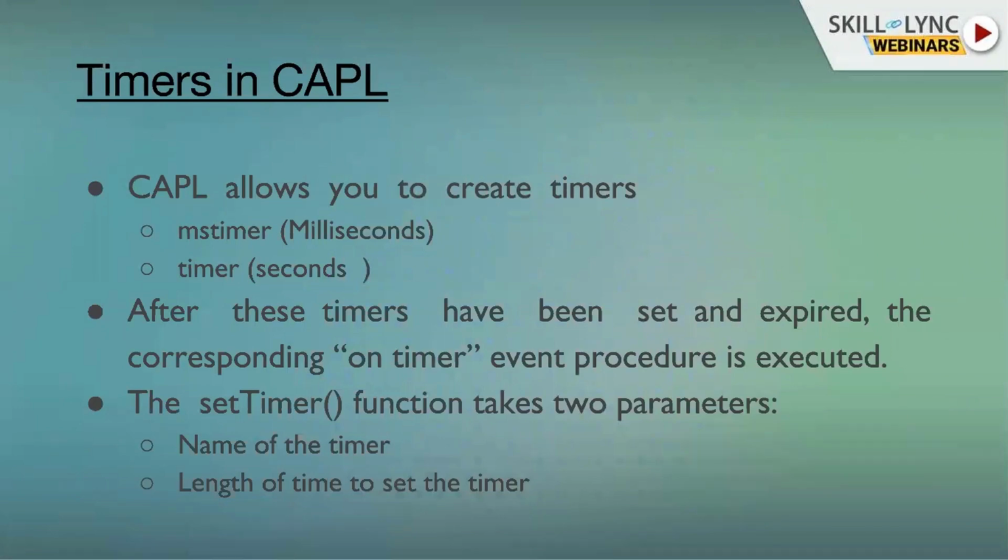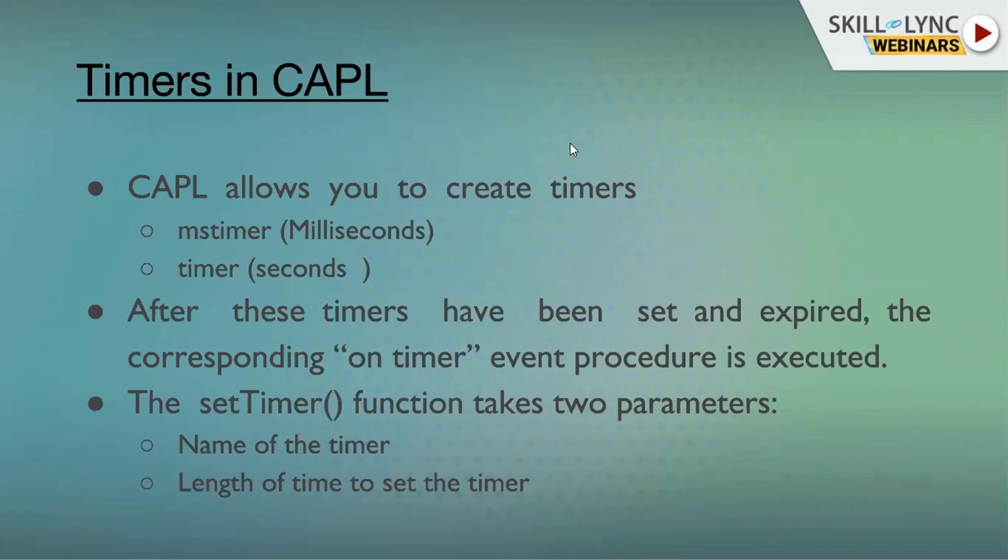So how do we configure this timer? By using the function called set timer. You already declared an ms timer, the millisecond timer which has the name A.